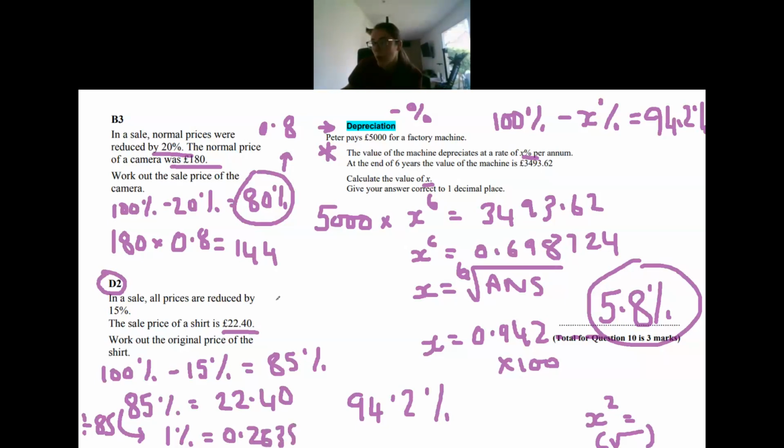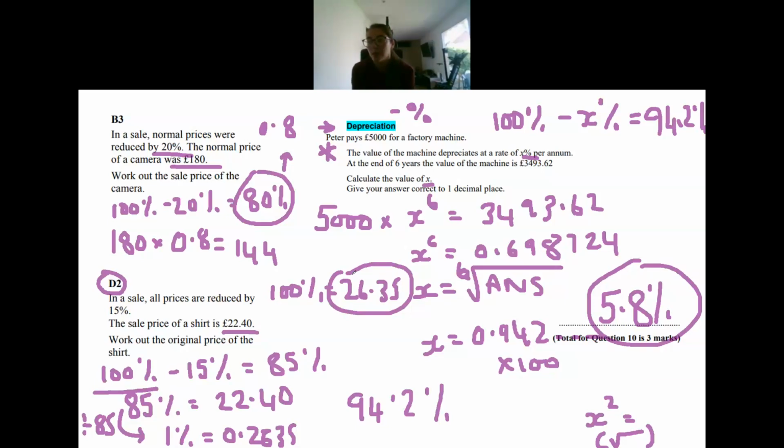I can then times that by 100 to get my original 100%. So just be aware, you can then also check that answer, so £26.35. If I found 15% of that and took it off, I would get £22.40. So reverse percentages you can check.